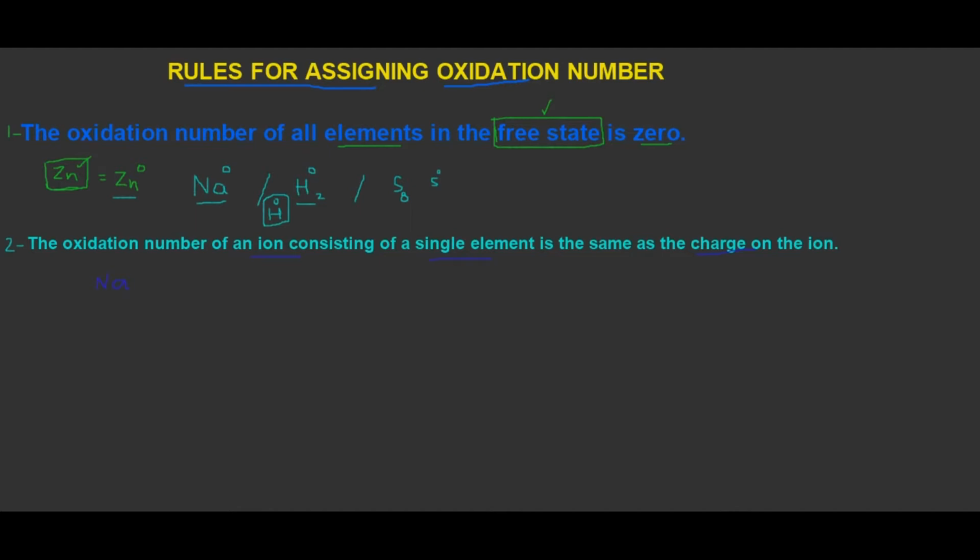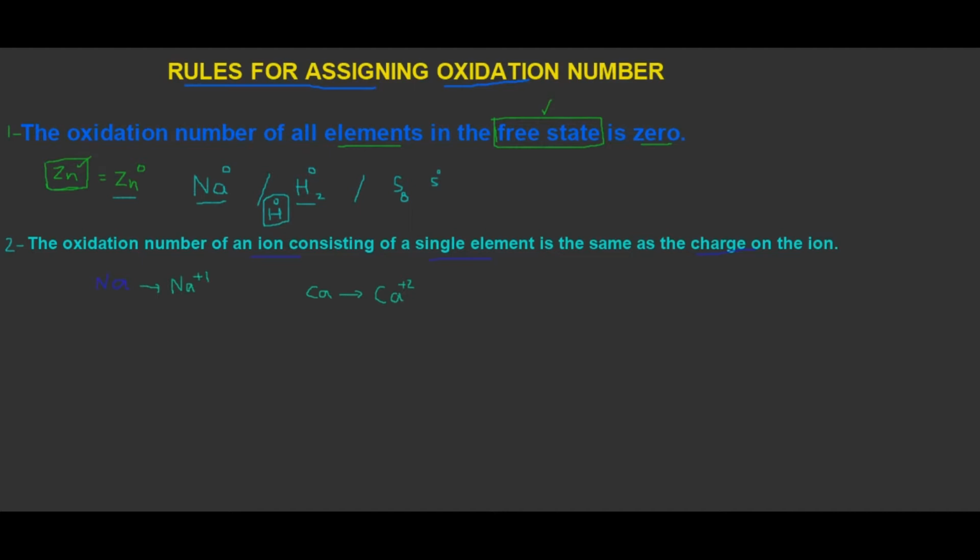When it forms an ion, it is converted into a positive 1 charge. Similarly, if we have calcium and it loses its 2 valence electrons, calcium belongs to group 2A, so whenever it loses its 2 valence electrons, it is converted into the calcium ion.